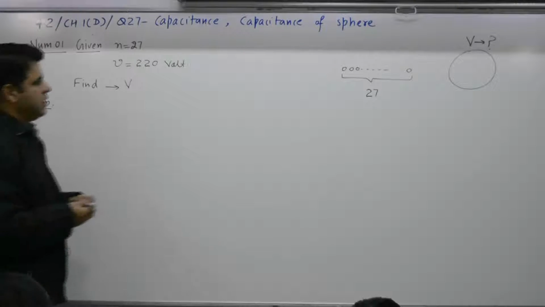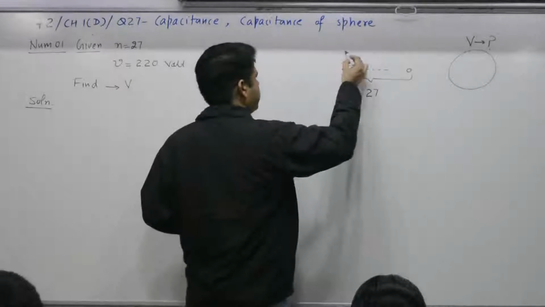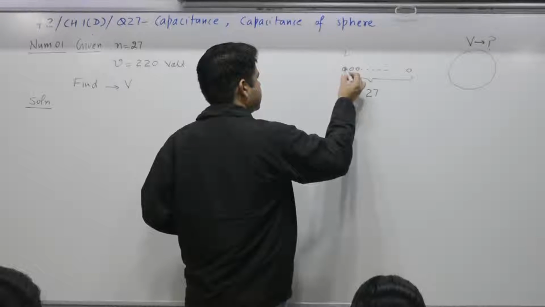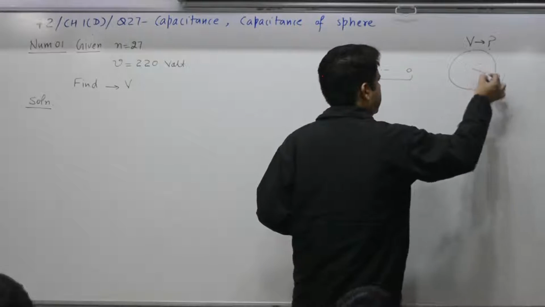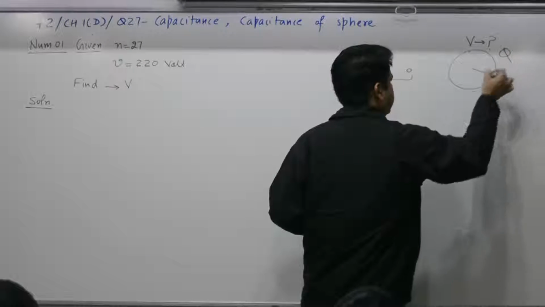Hint: let the charge on small drop be small q and radius be small r. Big drop: let the total charge be capital Q and radius be capital R.